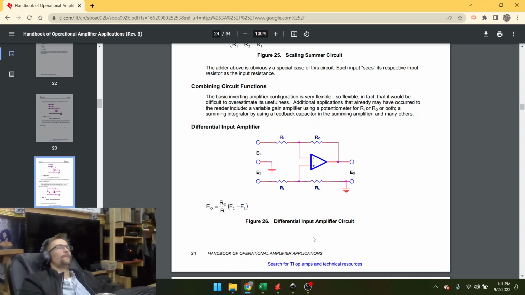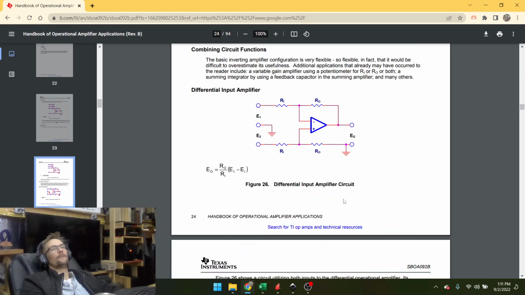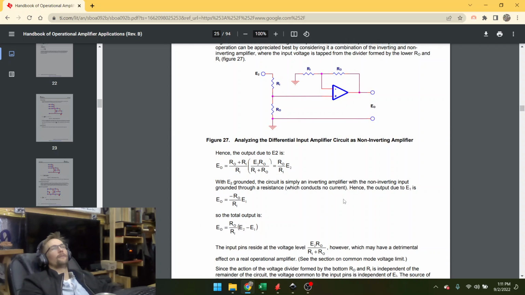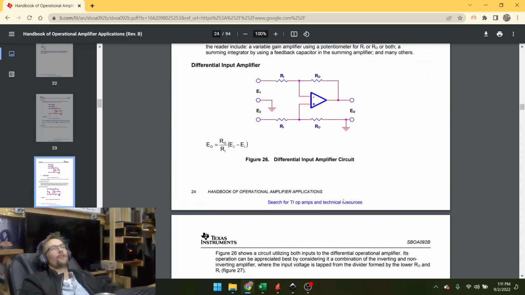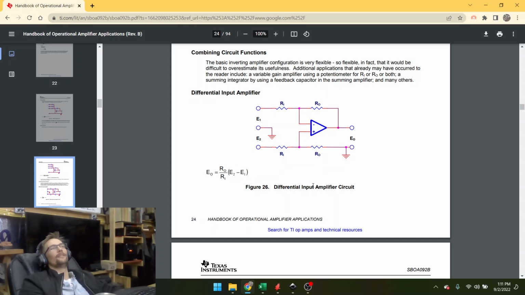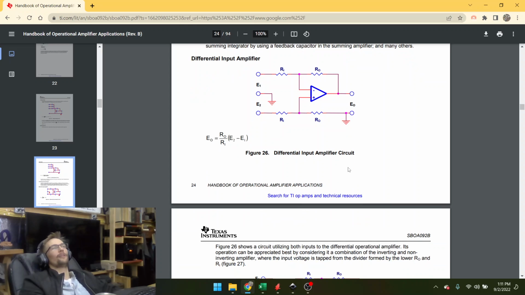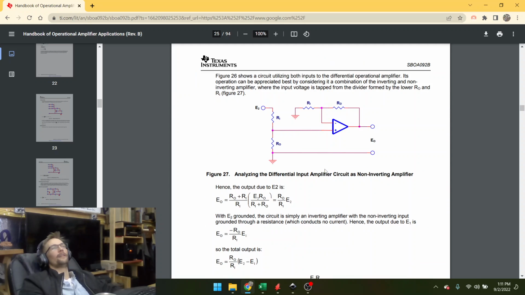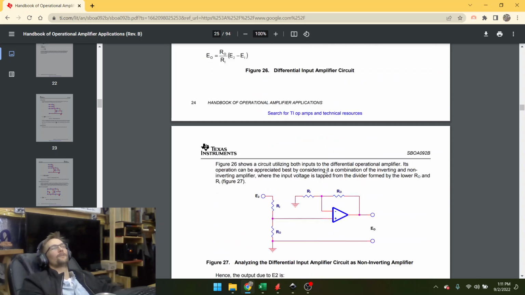Difference amplifier. I accidentally reinvented this amplifier in 2013 for a project I was working on. I had my formula, and I was trying to build an analog circuit to implement my formula. And I just rediscovered it.